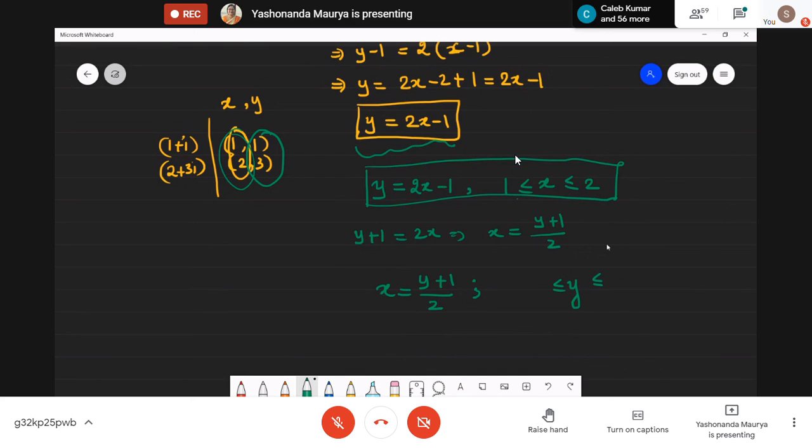What will be the variation for y over here now? 1 and 3. Is this clear? There are two ways of writing the same curve. Now any of these can be used for solving the line integral.